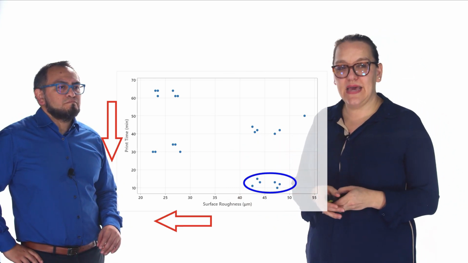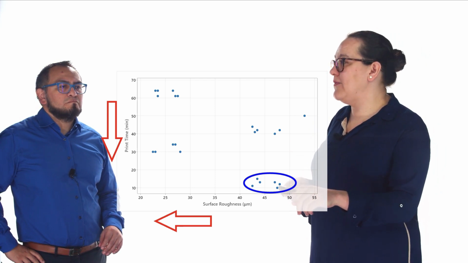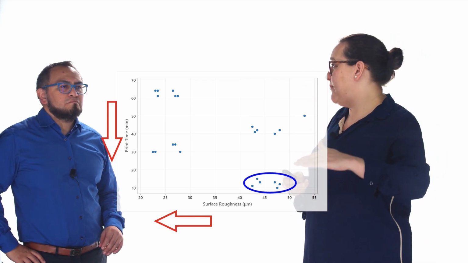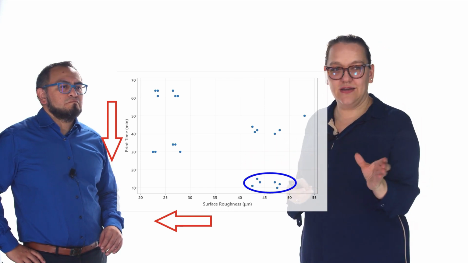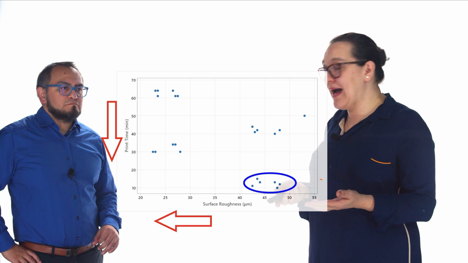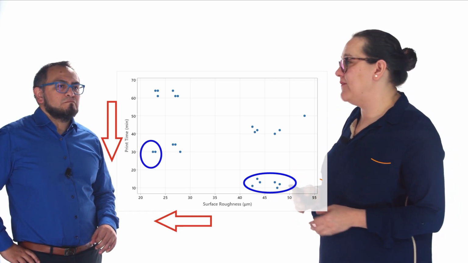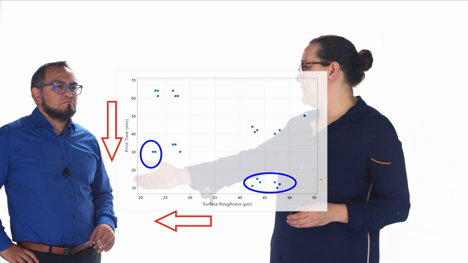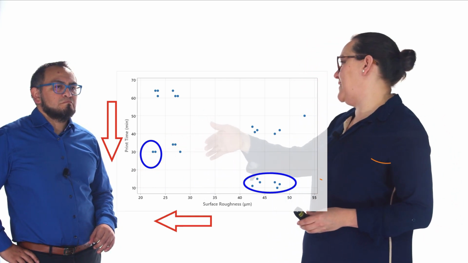You can see here in the blue, these are the solutions that give you the lower print time, but not the lower surface roughness. So they are actually bigger values. And here we have some of the settings that give you the smallest surface roughness, but not the best print time.